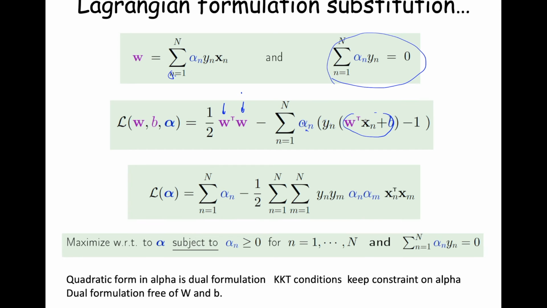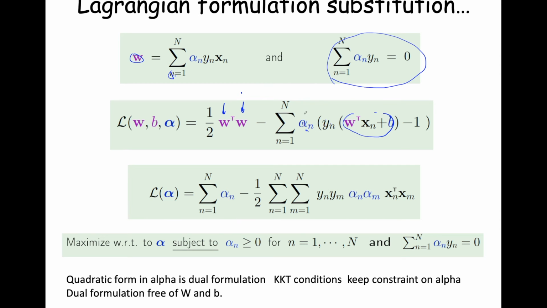So our result then: we're going to have our 1/2 of that double sum, and from that we're going to subtract. We have an alpha n, yn, xn, and then we also have a W substituted, and that's another sum, alpha n, yn, xn.